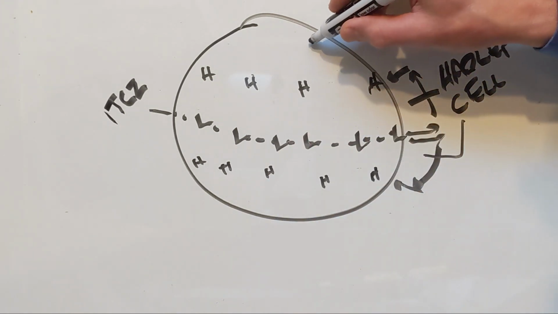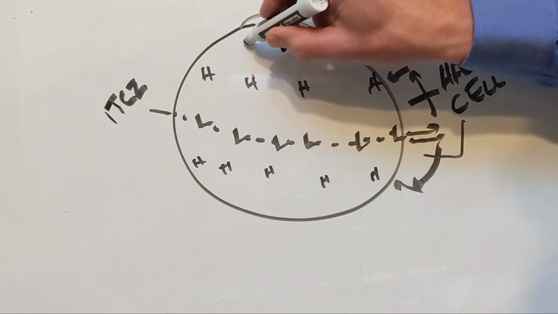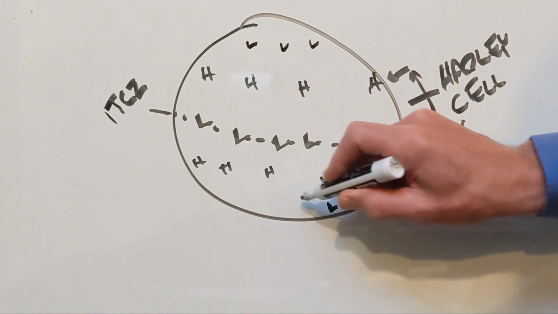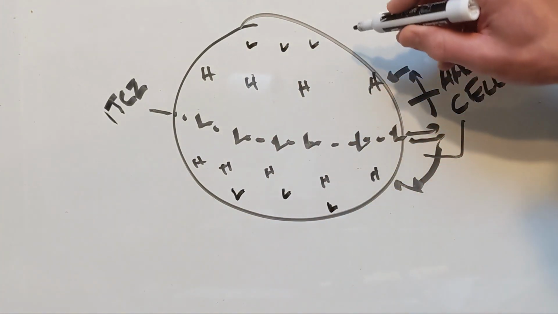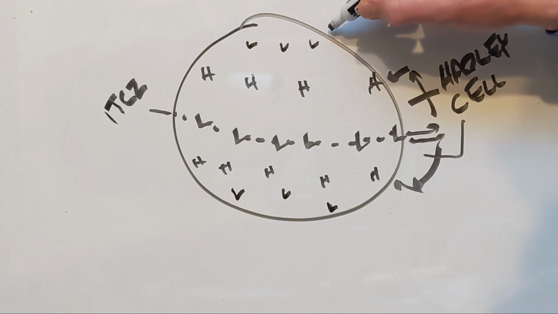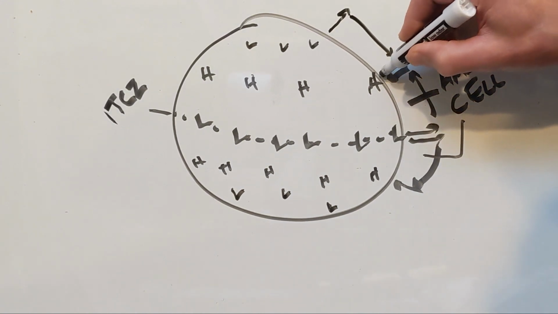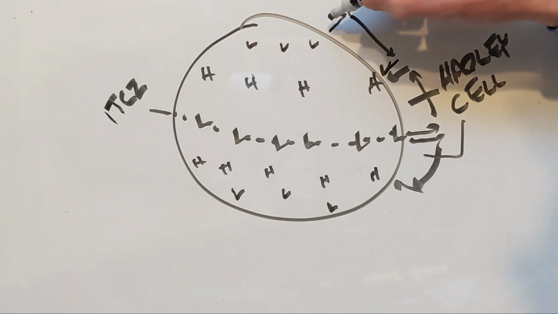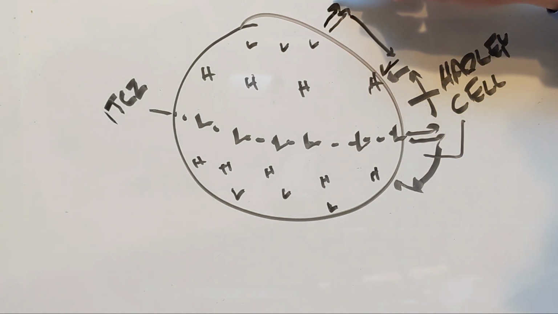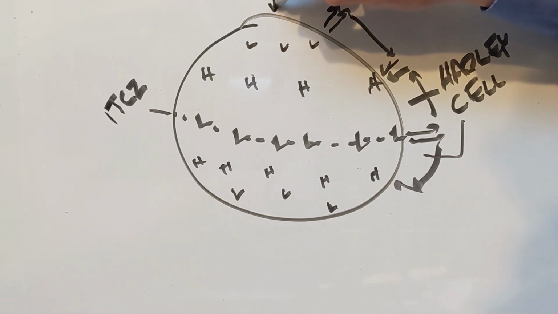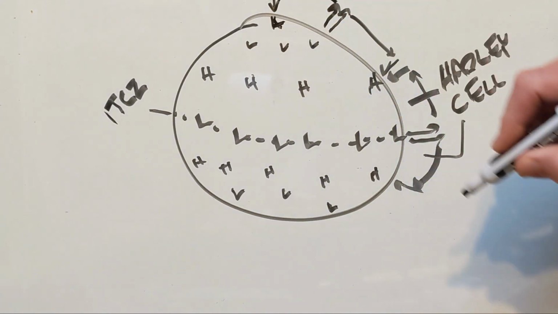And then there's a band of low pressure about 60 degrees north and south, again with air rising, in this case heading south and descending as part of that low. And then this rising air at 60 degrees north and south also continues up to the pole where we have a polar high.